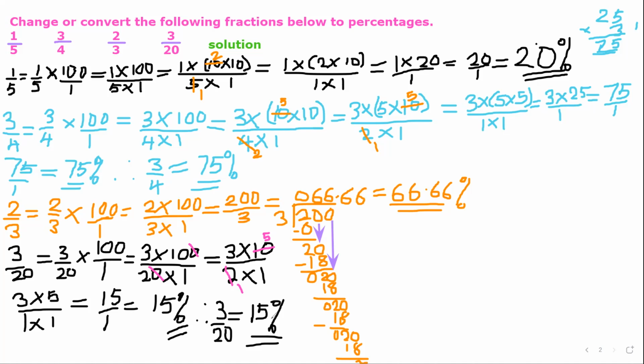And if you could not cancel like the third question that we solved, the 3/2, you could see clearly that here there's no way we can use the 3 to cancel the 200, or the 3 to cancel, even when you simplify the 100 here, there's no way we can use the 3 to cancel any of the numbers, or 3 to cancel the 2.